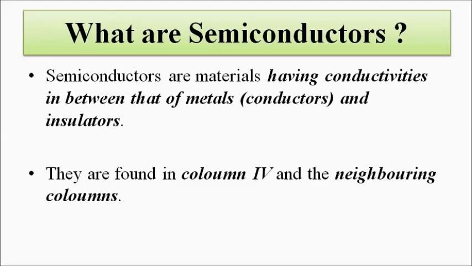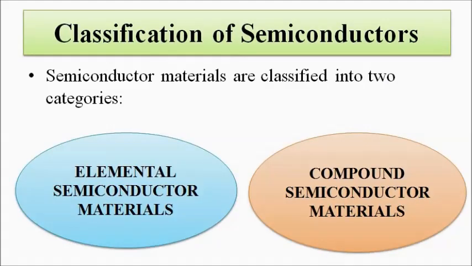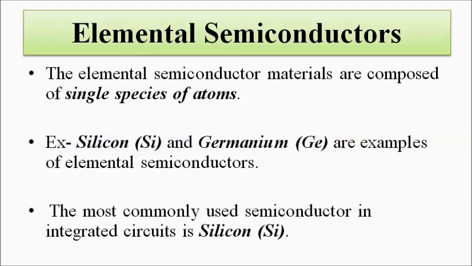Now, the classification of semiconductors. If we want to categorize semiconductors into two broad categories, they will fall into two categories. First one is the elemental semiconductor materials. The second one is the compound semiconductor materials. So first is the elemental semiconductor materials.